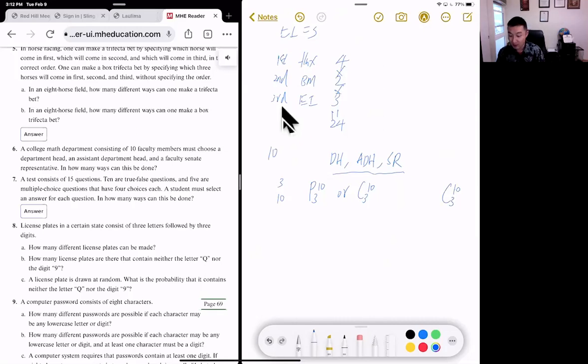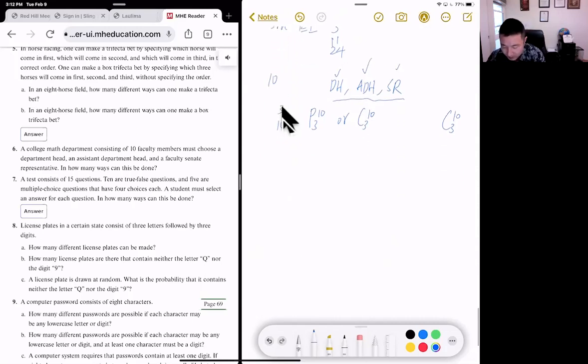But in our case, after we choose 3, the next step is to assign the department head from one of these 3 chosen, then the assistant department head, and then the remaining one will be the senate representative. So in our case, the order does matter.